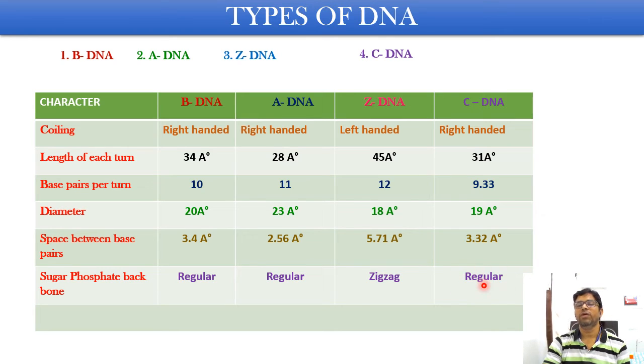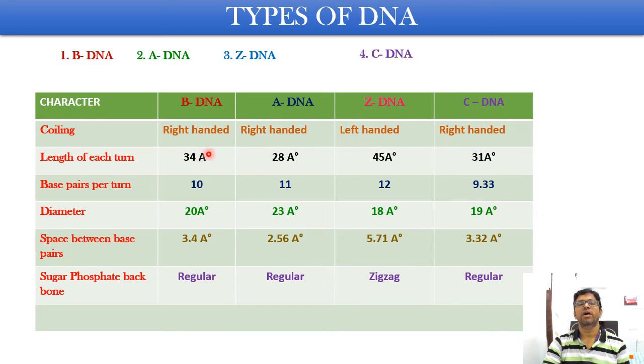From an examination point of view, they may ask: write about the differences between bDNA and zDNA as a short question. bDNA is the right-handed coiling DNA, whereas zDNA is the left-handed coiling DNA.